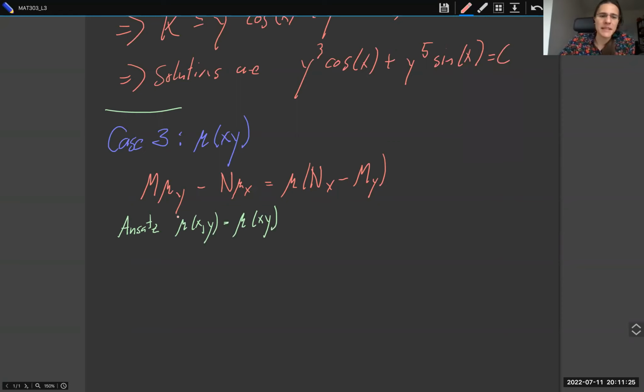Okay, what happens then is we're basically going to do the chain rule. So if we take the partial derivative of this with respect to y, then what do we get?